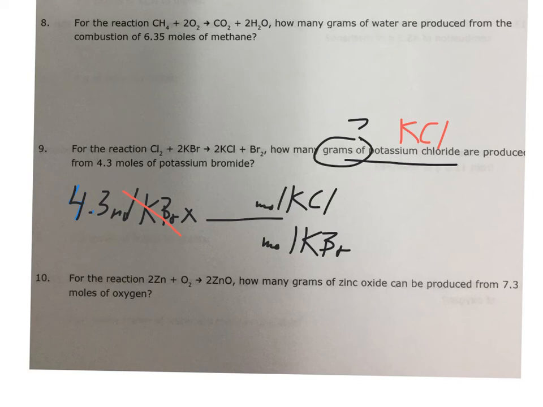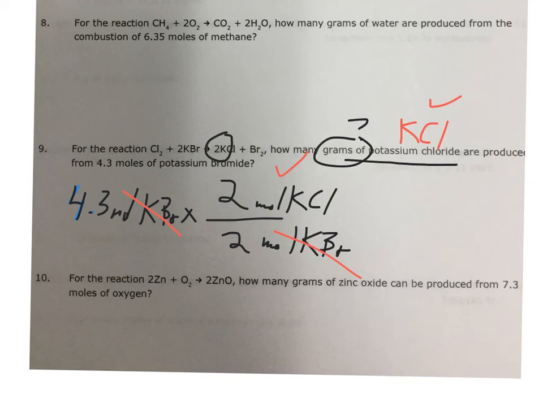The 2, because that's coming right off of your coefficient. Very good. Okay. And what's my coefficient for potassium bromide? 2. So this cancels our potassium bromide, and now we have KCl, right? We have our unit, but do we have what they want? No, because we have the moles, right?